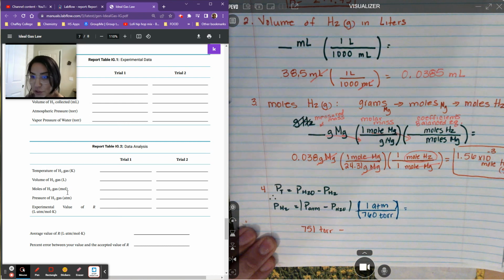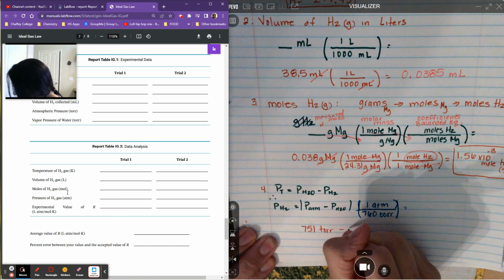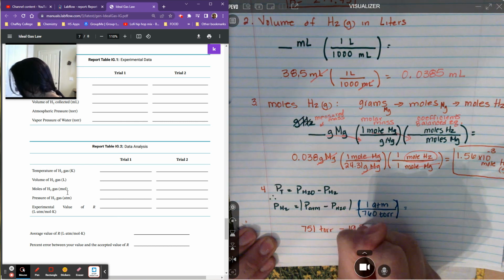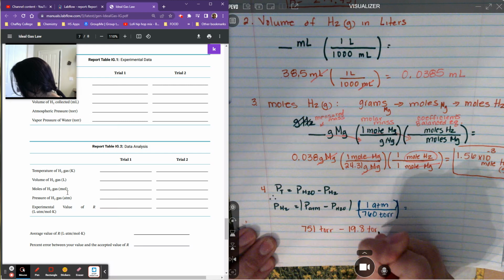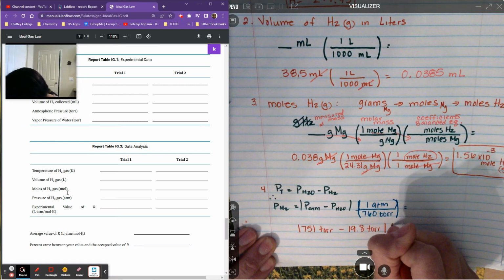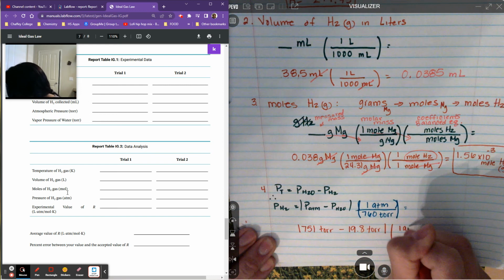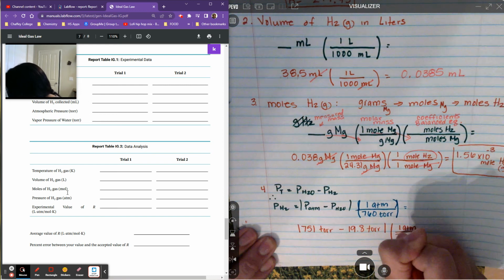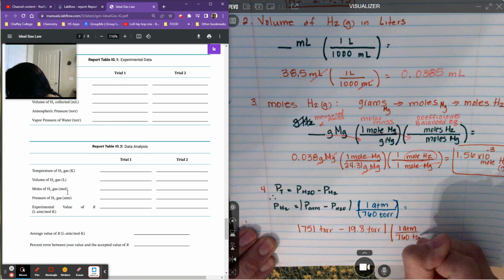And I just went up to the little chart on top of the PDF and we just looked it up, right? My temperature said that the pressure of water is about 19.8 Torr. So I'll do that. And then once I'm done with that, the last step is to divide it by 760 Torr.